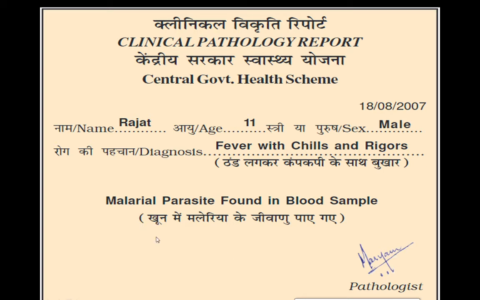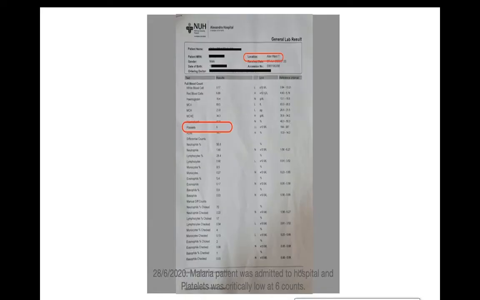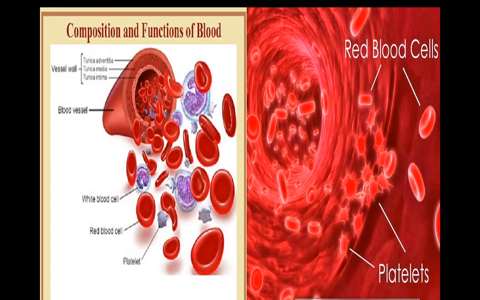And then malarial parasite found in blood sample, means this blood report shows that the person is having malaria. Understood? Yes, so here we have learned about blood test.